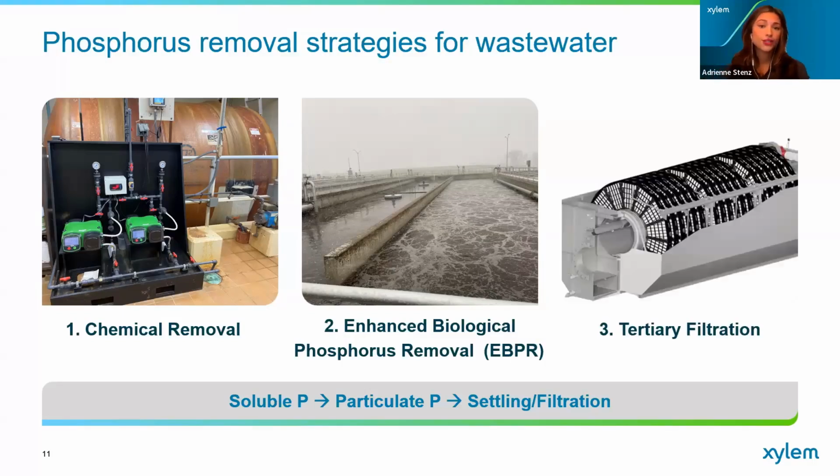And then the third option is tertiary filtration. This is the least common option, and these are often used for effluent polishing to meet ultra-low limits of phosphorus. So we're going to go through each of these strategies briefly, just to talk about how they work.